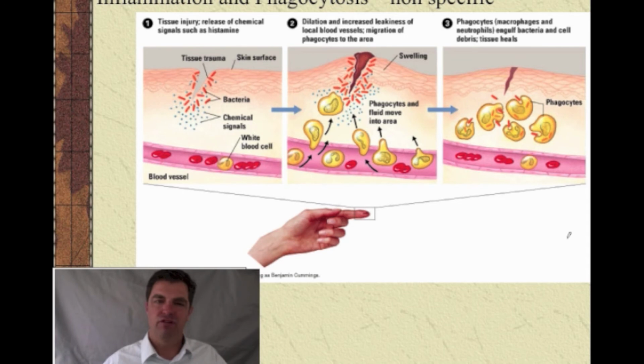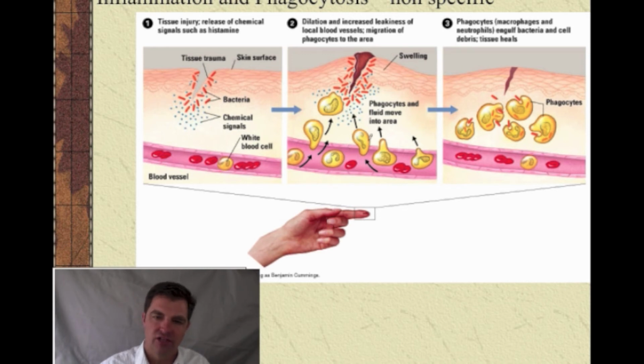You also have the inflammation response that can occur and phagocytosis. So if you have a cut, for example, the wound that you have a cut on has maybe bacteria on it. Those bacteria are infecting your skin, and there's signals coming from your cells that they've been injured. Those injured cells release these chemical signals that will cause this expansion in this blood vessel with things like histamine. It'll get larger in size.